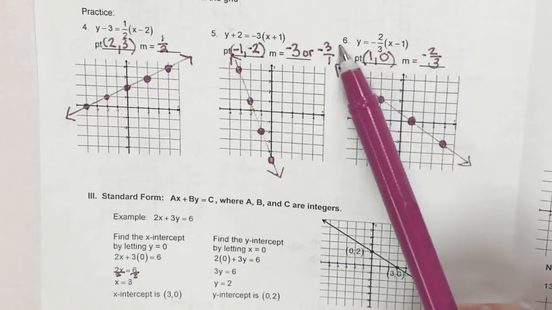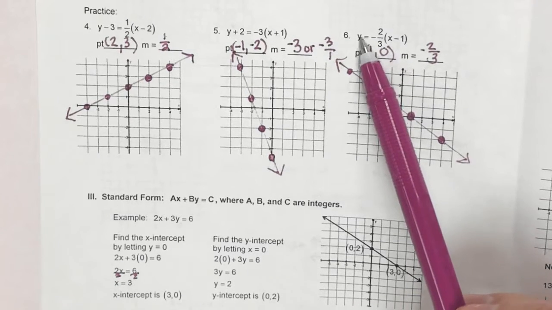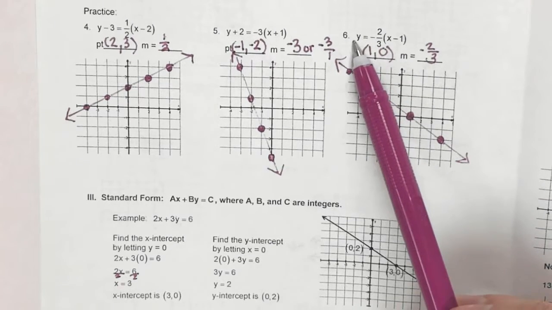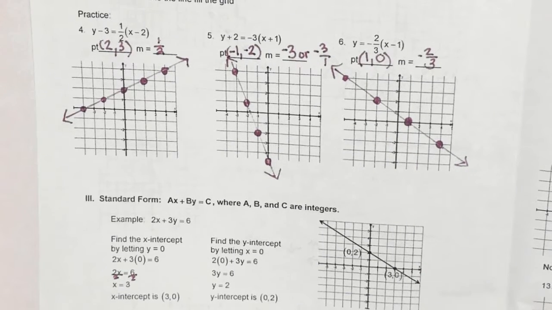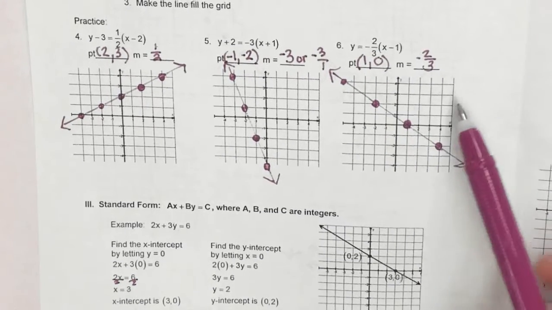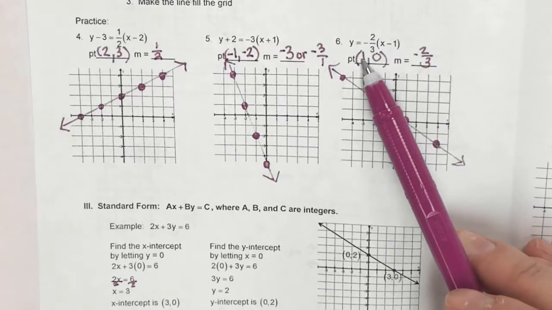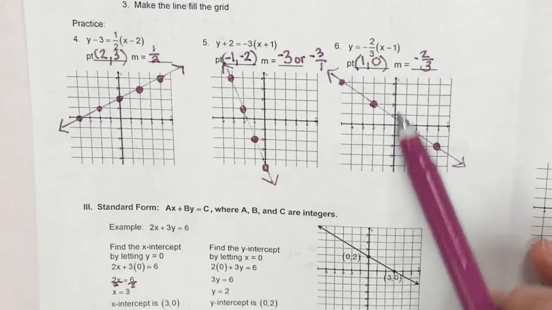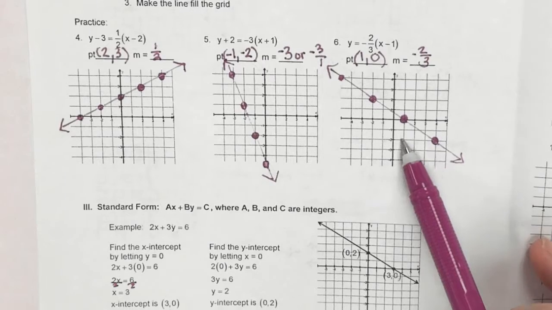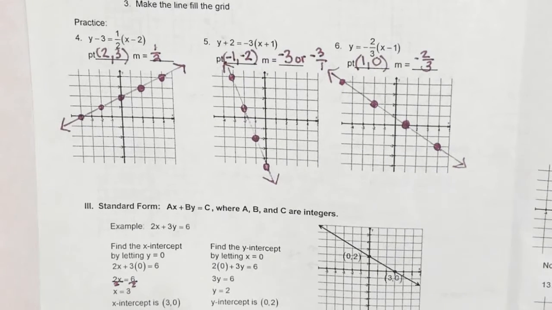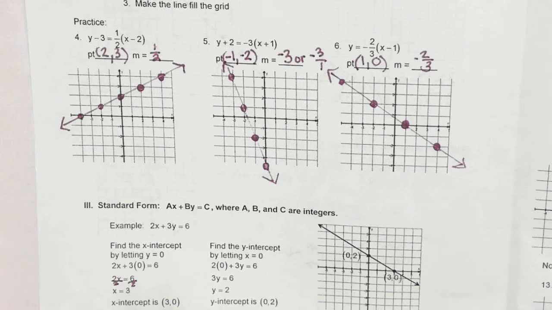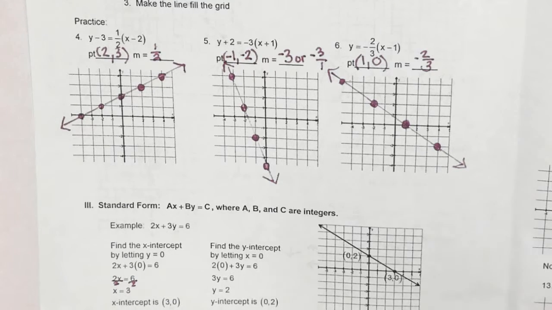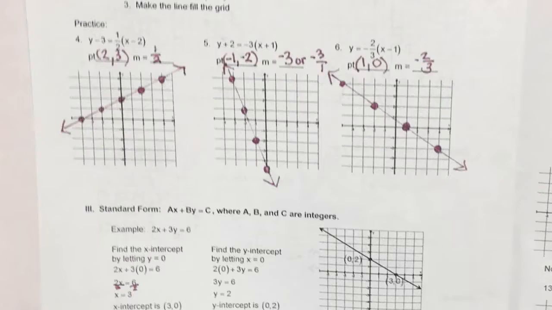And did everyone catch in number 6, since there was no number with your y, that no one's really going to write y minus 0 because it's kind of redundant? So that's why the point was 1, 0, and our slope was negative 2 over 3, so we went down 2, right 3. Any questions on the point slope form? Just something you have to remember about this opposite stuff.